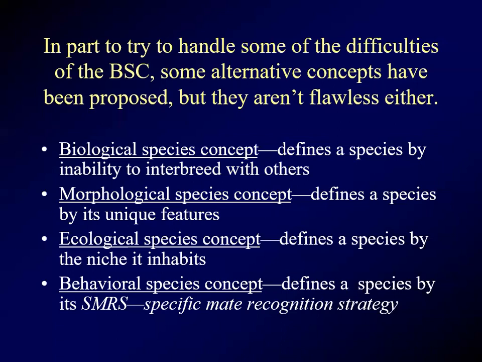Big feathery moth antennas are big feathery chemosense organs. Moths can home in on the source of single molecules of moth pheromone. So in that case, it really does not make any difference what the moth looks like. That's not important to defining what species are. What's important from the moth's point of view, or not view, the moth's point of smell, is going to be the pheromones, and those would be the specific mate recognition strategy.